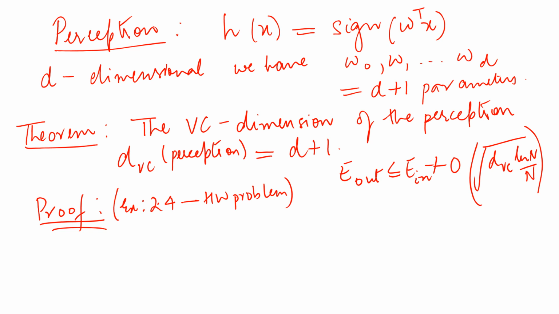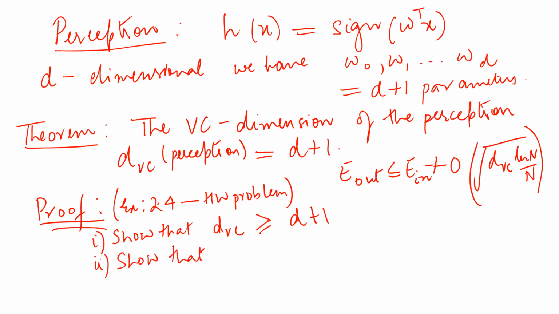Basically, the proof can be divided into two parts. The first part is that you can show that the VC dimension for the perceptron is greater than or equal to d plus 1. And the second part could be to show that the VC dimension for the perceptron is less than or equal to d plus 1.